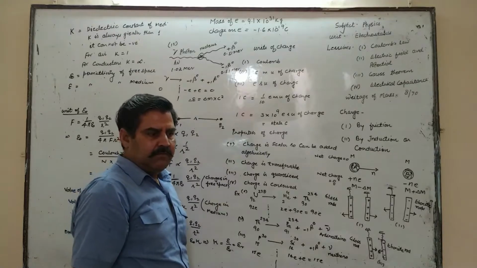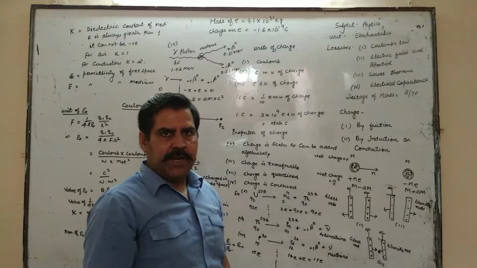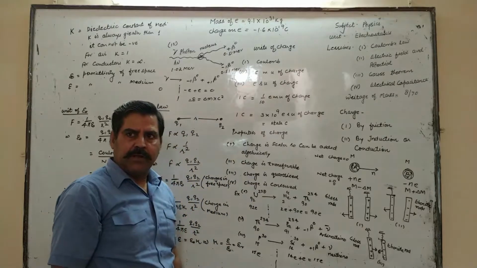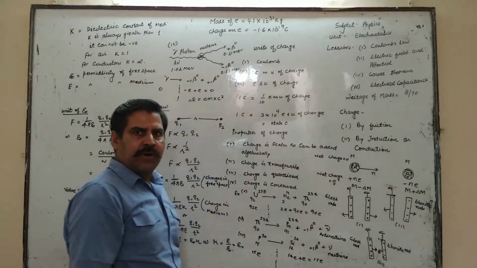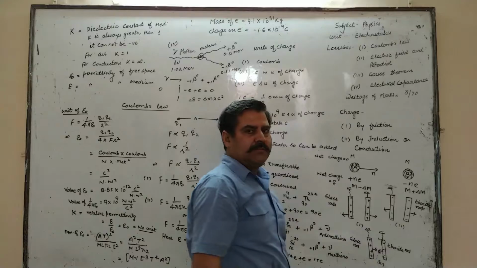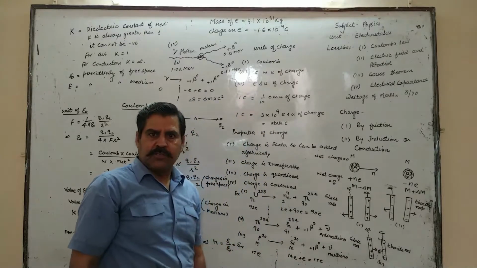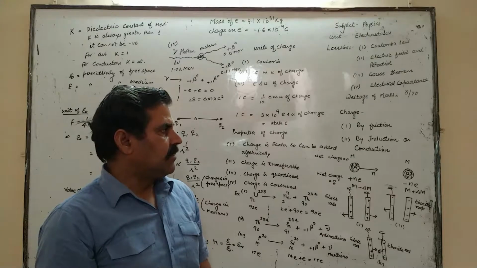Listen once again. The weightage of this unit is 8 marks out of 70, and there are 4 lessons in this unit: Coulomb's law, electric field and potential, Gauss theorem, and electrical capacitance.